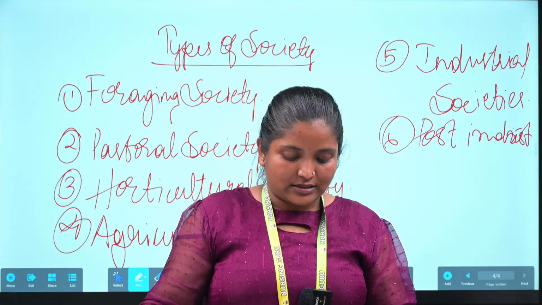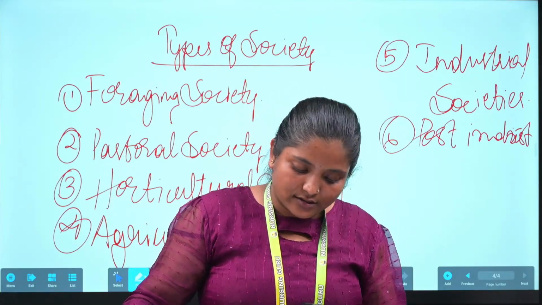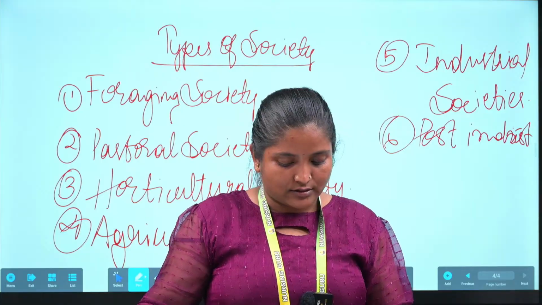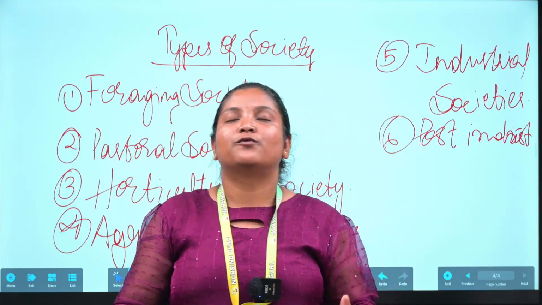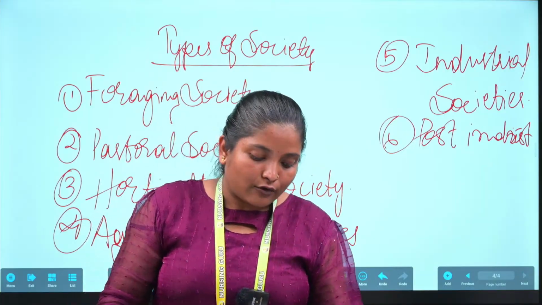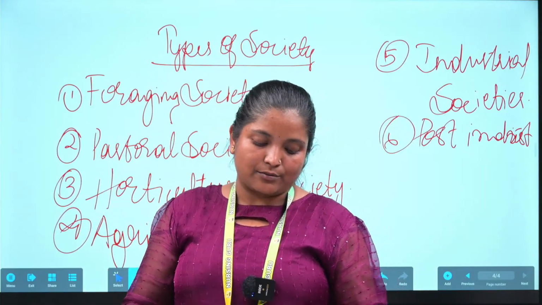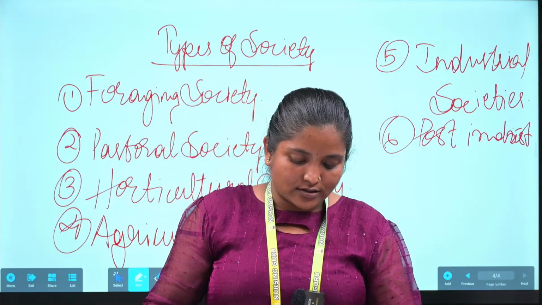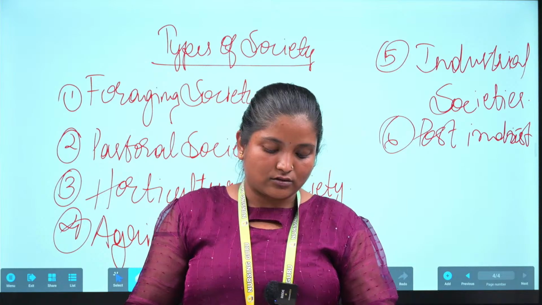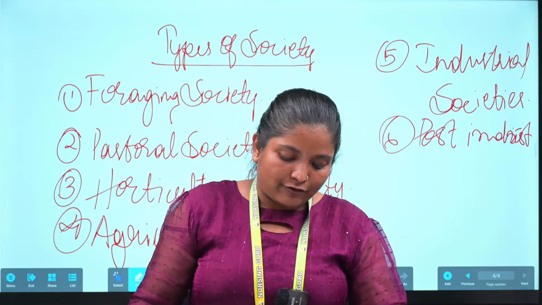The next one is horticulture society. Horticulture society is similar to the pastoral society. Horticulture societies cultivated vegetables, fruits and plants for their food, and division of labor continued over here. The social structure did not develop, and because of this horticulture societies did not differ from foraging societies.